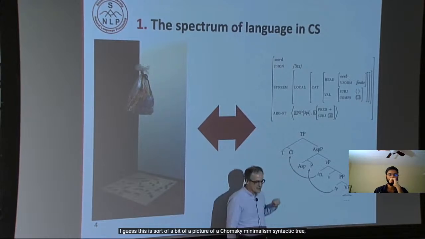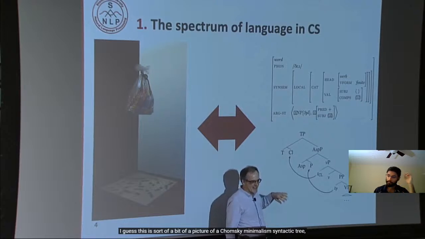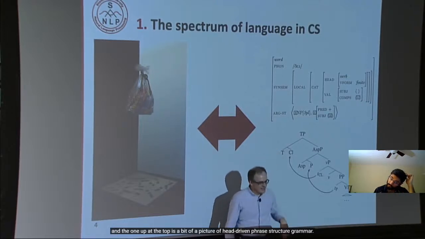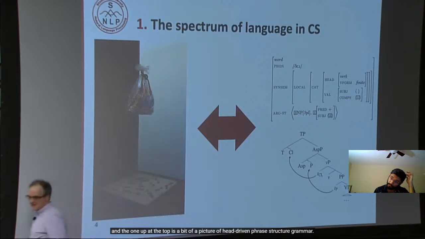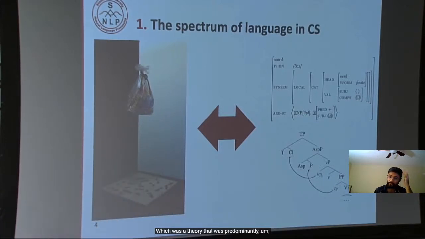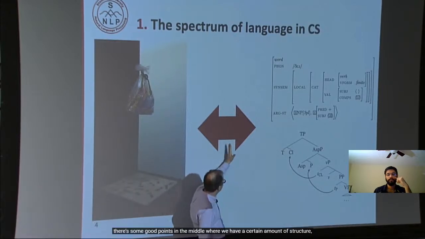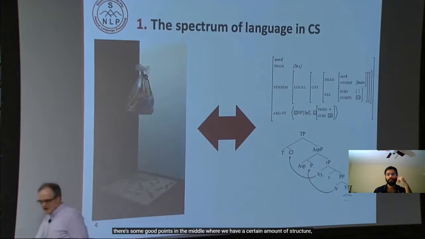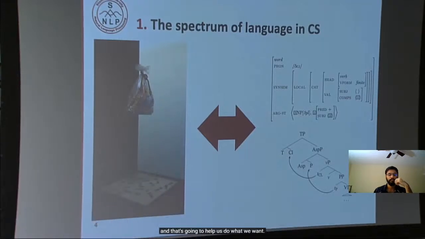This is a picture of a Chomskyan minimalism syntactic tree, and the one up at the top is a picture of head-driven phrase structure grammar, which was a theory predominantly developed at Stanford in the 90s. But these are very complex, articulated structures used to describe language. There's a huge gap between these two things, and you might think that surely there are some good points in the middle, where we have a certain amount of structure and that's going to help us do what we want.